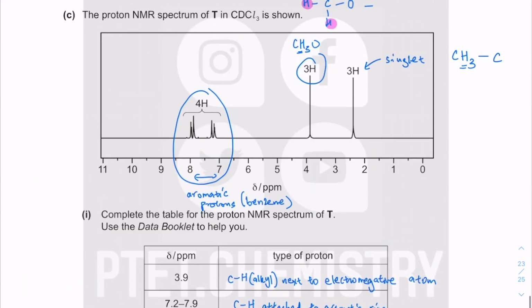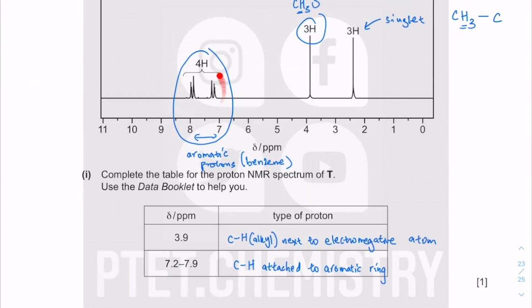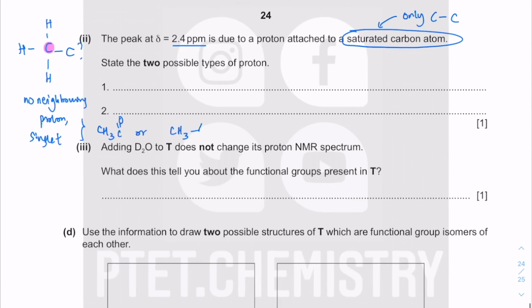If you see here, it's a singlet, no splitting at all. A CH3 singlet will refer to a CH3CO, or you have an aromatic ring, a benzene ring, so the CH3 could be next to something like this. It could be next to a benzene ring because there's no neighboring proton here.